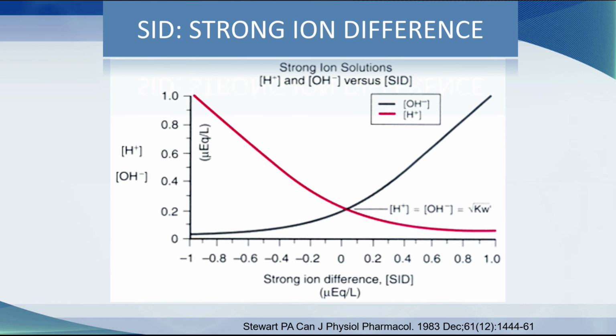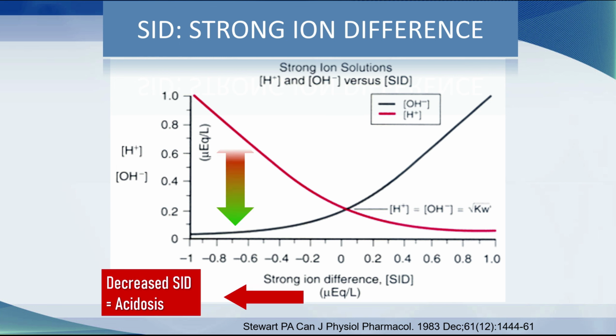The key thing to understand with this strong ion difference, which as I've mentioned is about 40 milliequivalents per litre, is that if it decreases, there is a surplus of negative charge over positive charge. This affects water dissociation to express positive charge on water particles, hydrogen ions if you will, and this results in metabolic acidosis.